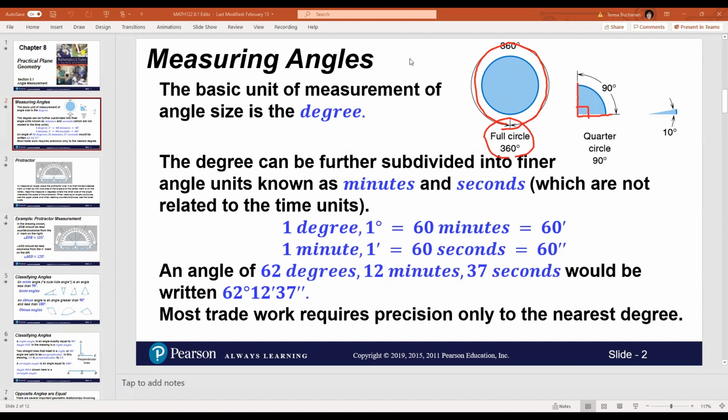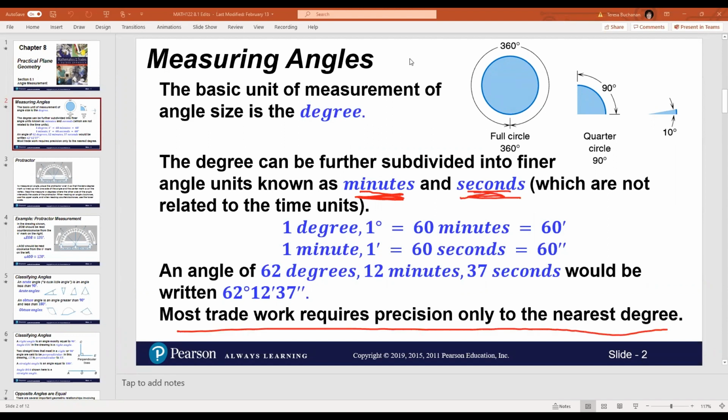And I don't know whether you were aware of this piece or not, but we can further divide a degree into smaller units. We can divide it into minutes, and we could even divide the minutes into seconds.